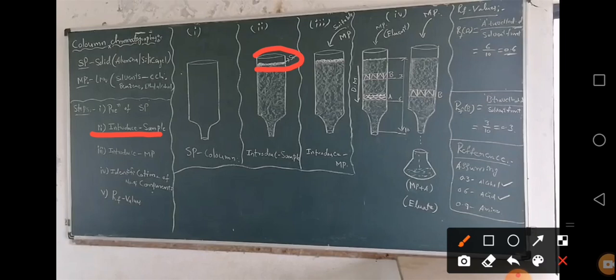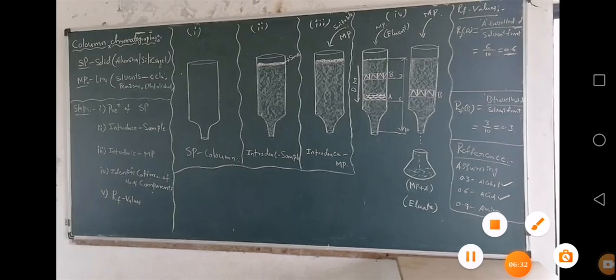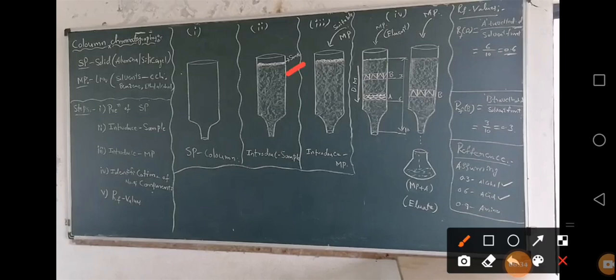Because if the given sample is a solid, it can't stay here. So we add a small quantity of ether and the sample is converted into a paste. That paste is applied on the upper side of the column. See here, this is the sample. That location is called the sample spot. That completes the introduction of the sample.